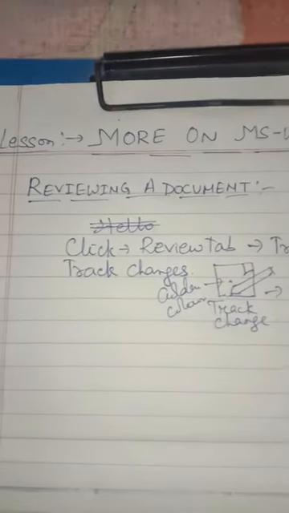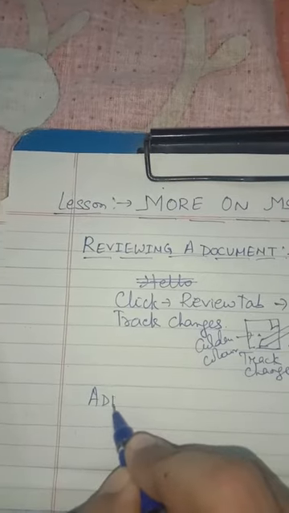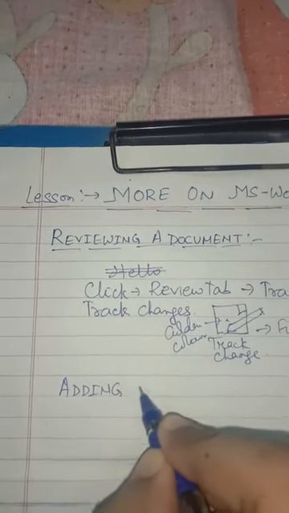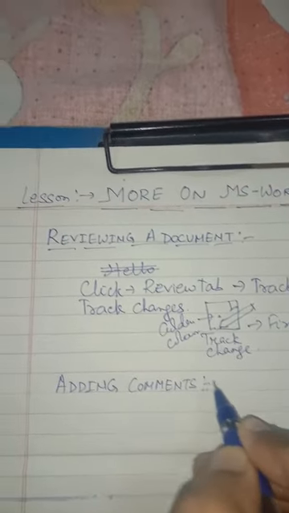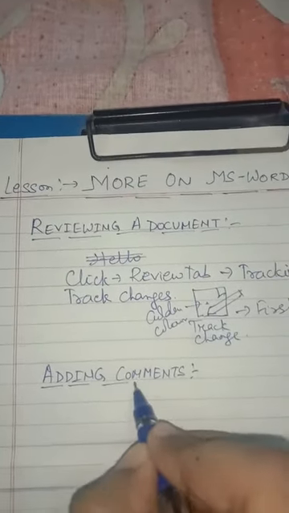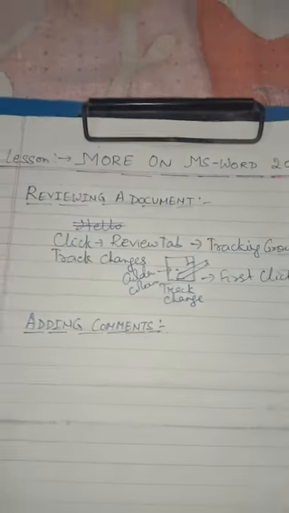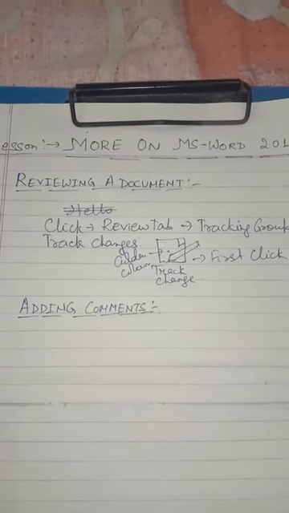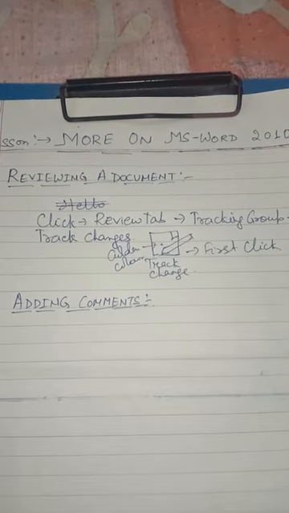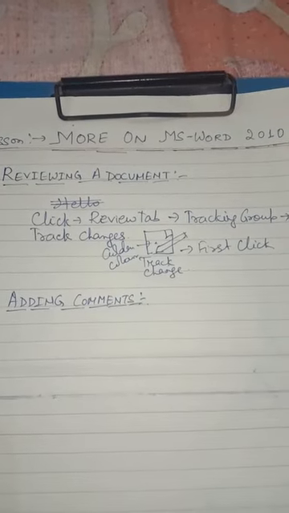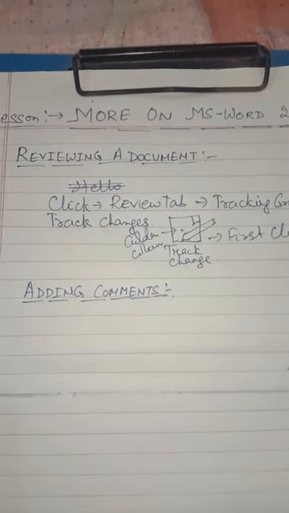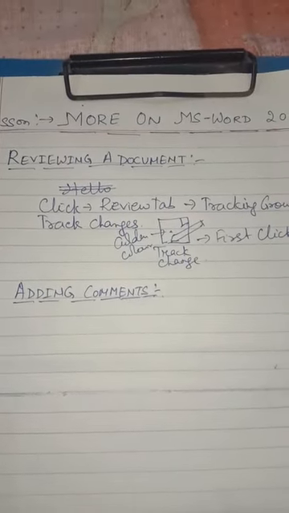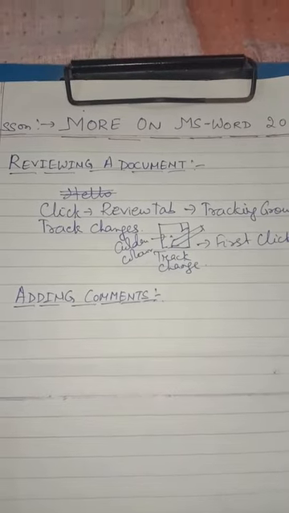Now we come to another topic, adding comments. So what are comments? Many times we are required to write a comment about some part of the document so that the person who views or reads the document can understand it in a much better way.